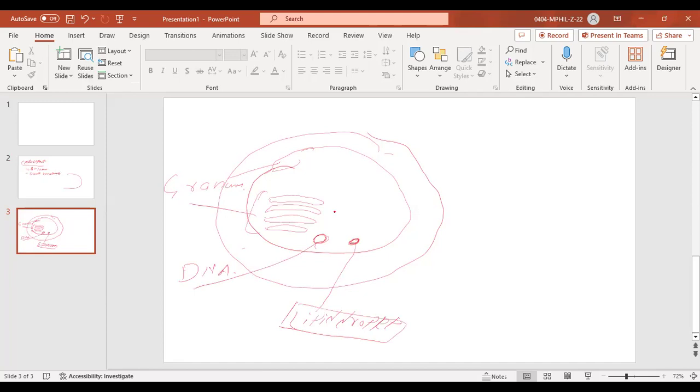Anyway, so this is a circular structure which is present inside of this matrix, that is DNA. There is also a structure present inside, like here some stacks are present.